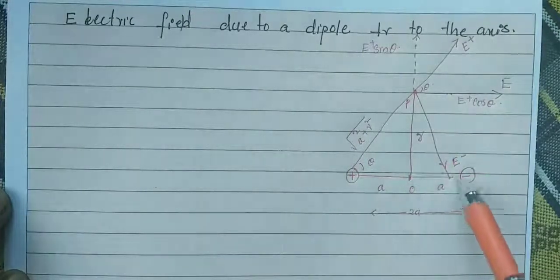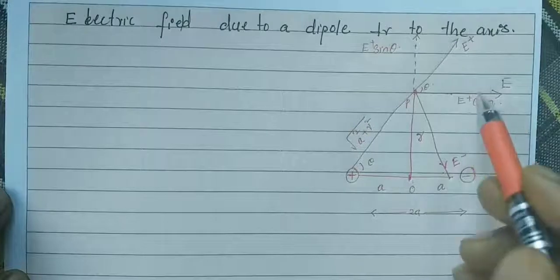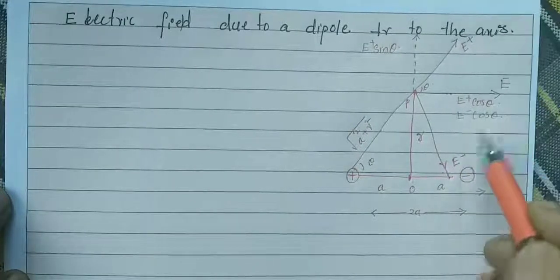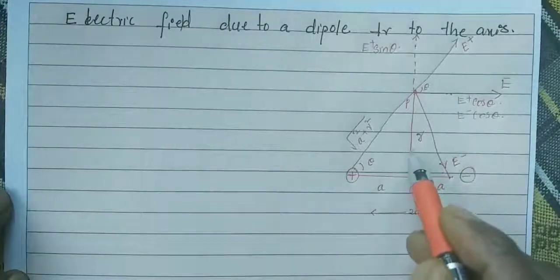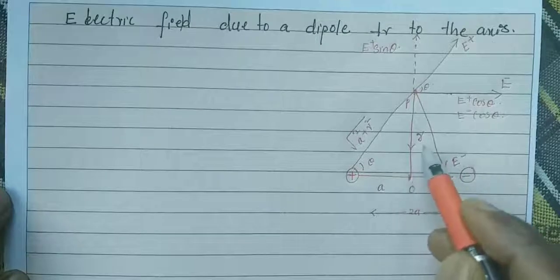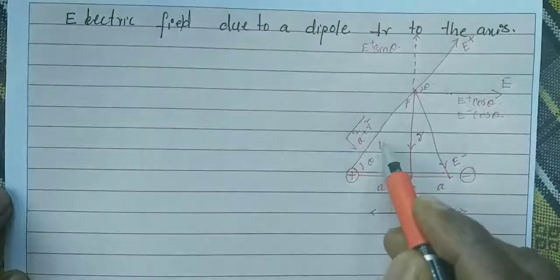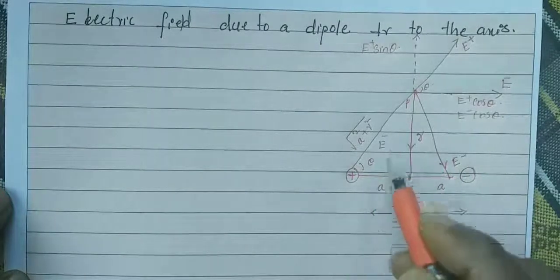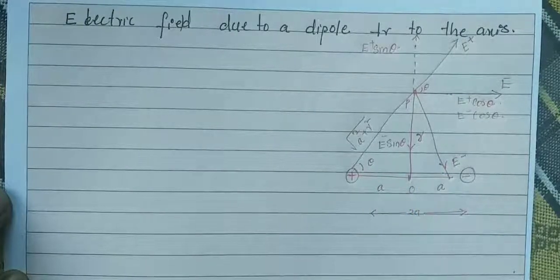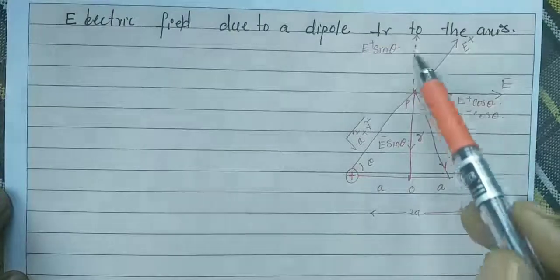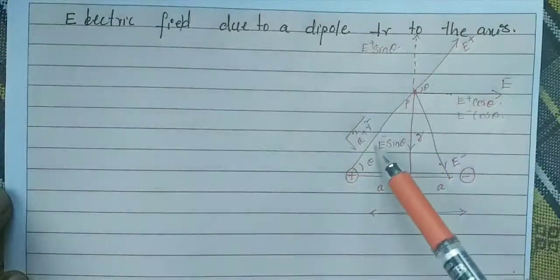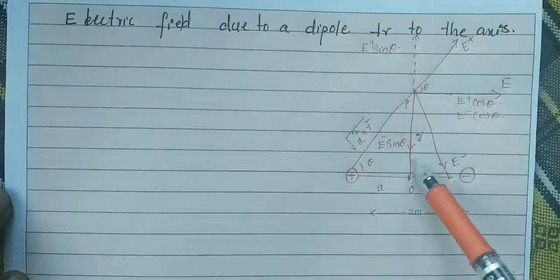So I can write it as E minus cos theta and similarly E minus sine theta. Now just see the diagram, E minus sine theta is just opposite to E plus sine theta. Both have the same magnitude but their direction is opposite.